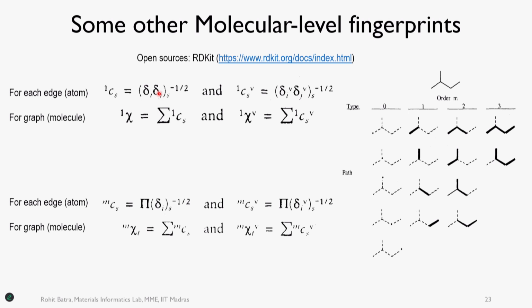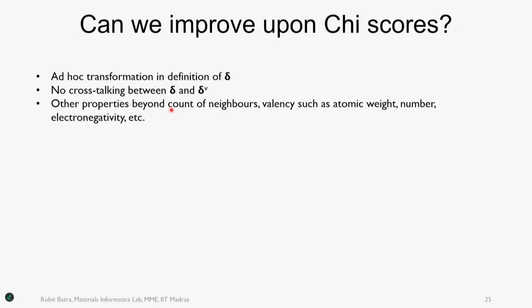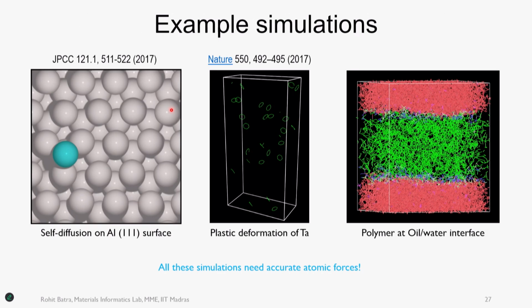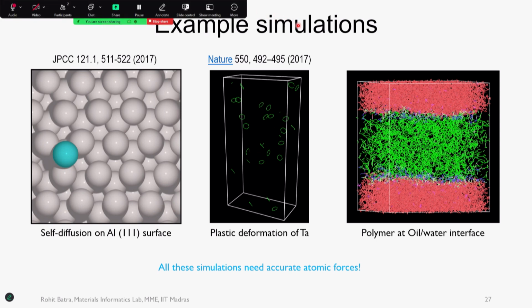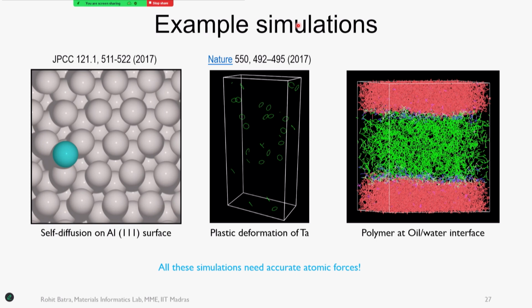In graph neural networks, this definition is learned. Here we are specifying it; in graph neural networks it will be learned from the data. And then there are the finer atomic level fingerprints which Kamal will cover tomorrow, so I don't need to talk about it.